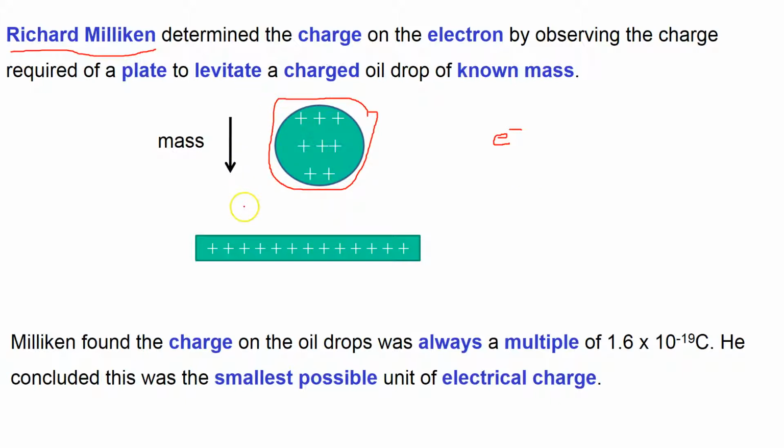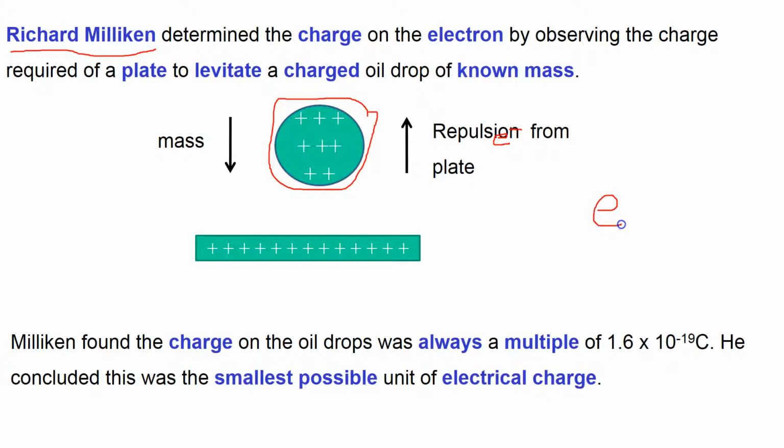He allowed the oil drops to fall under the influence of gravity, but once they began falling, he would turn on a positively charged plate beneath them, which would repel them. And he would adjust the charge on this metal plate to the point that the oil drop would levitate. By doing this, he was able to figure out the charge on the oil drop.